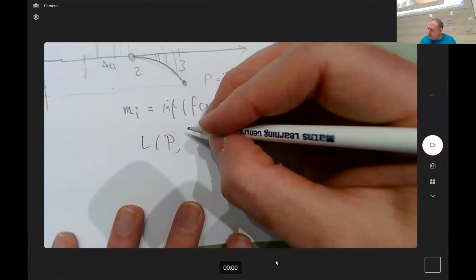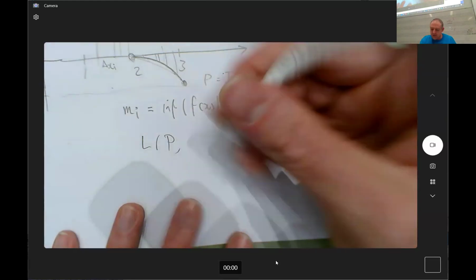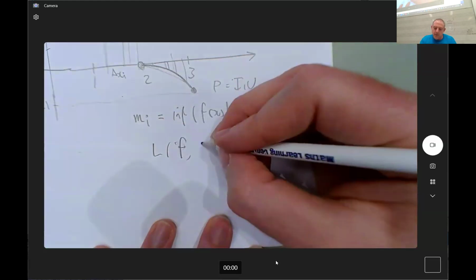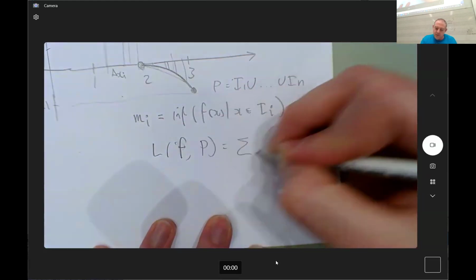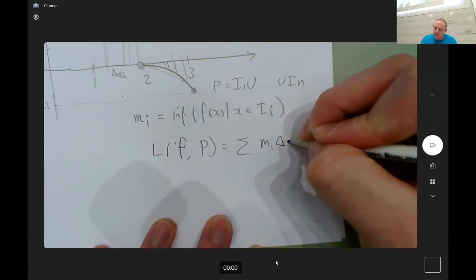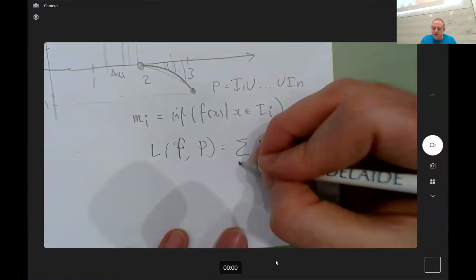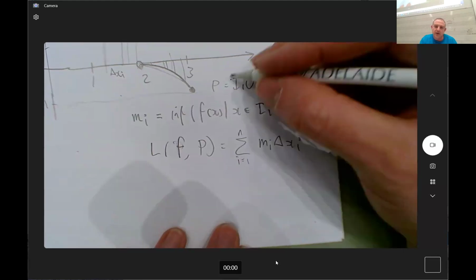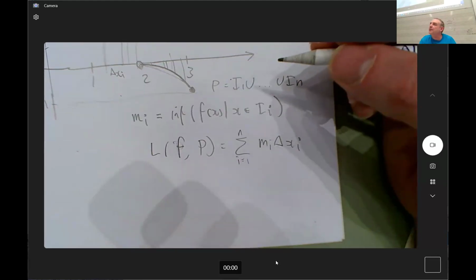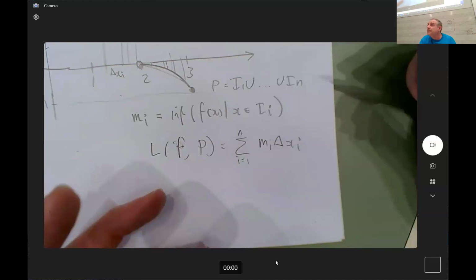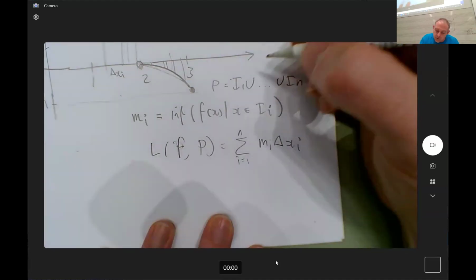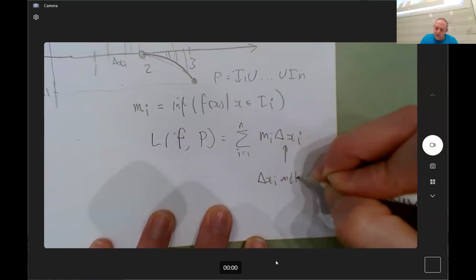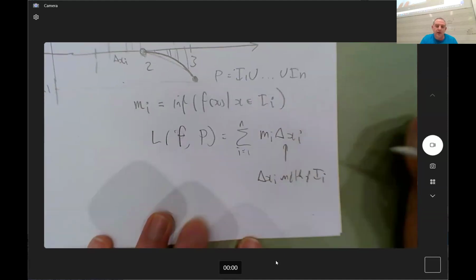And the lower sum of the function with the partition is the sum of m_i delta x_i. And that's the width of interval i, delta x_i.